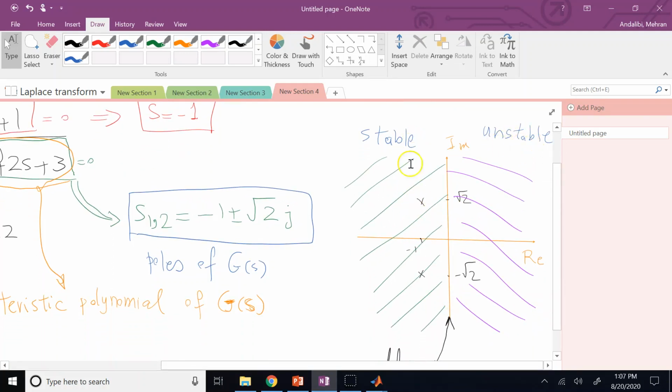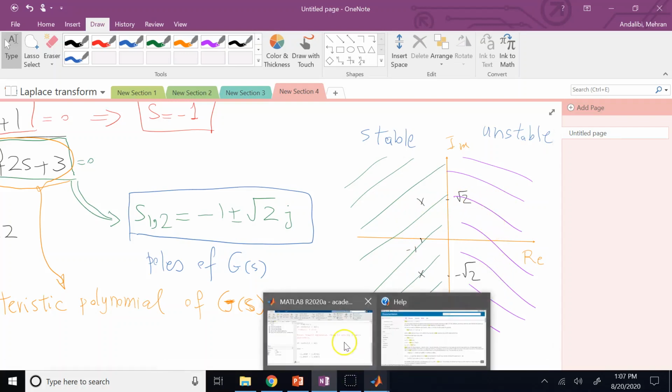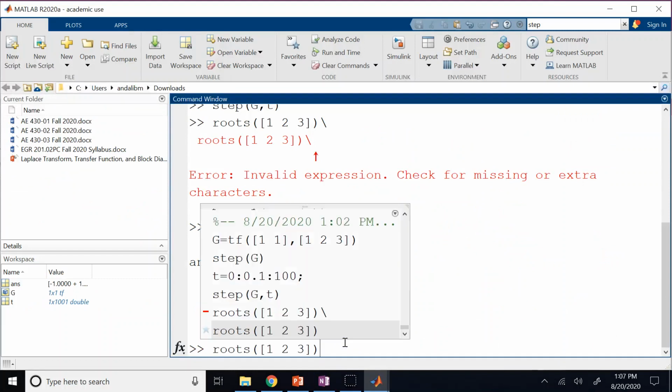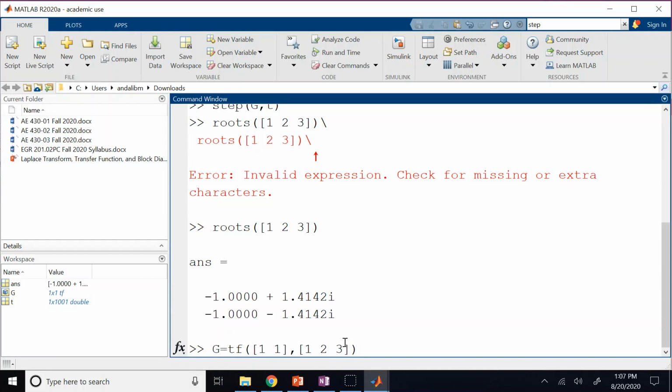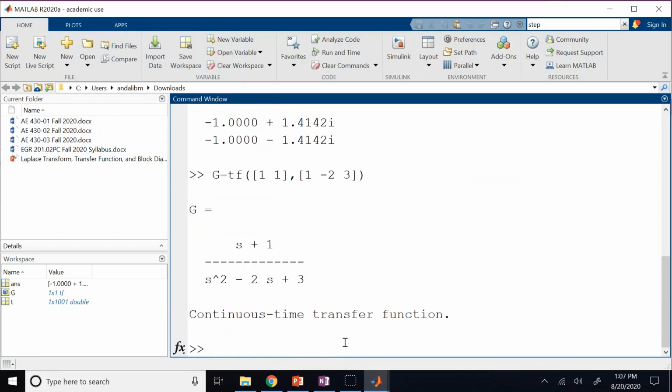Now, if we make it unstable, what do we need? We need this -1, let's say, to go to +1, okay? If they are on the right-hand side, then my behavior should be completely different. For example, if I just make this +2, -2, okay? So my transfer function is like that.